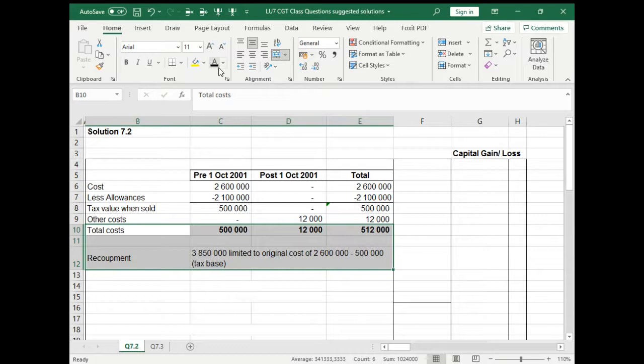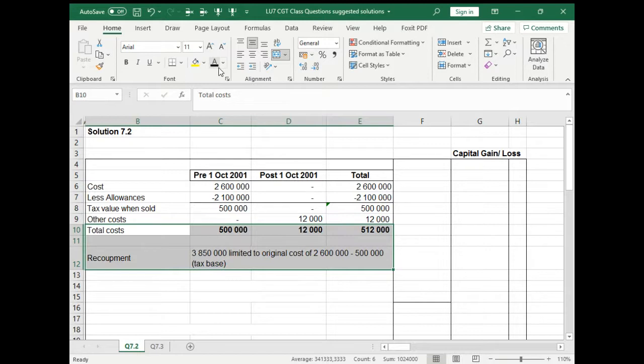Okay, but now we take the original value and we deduct what the tax value is at that stage. So now we deduct the 500,000, and that means our recoupment is 2.1 million, which is the allowances we've claimed.